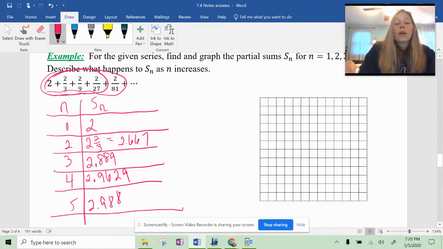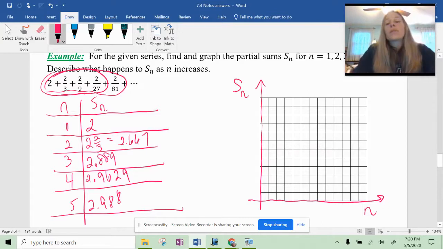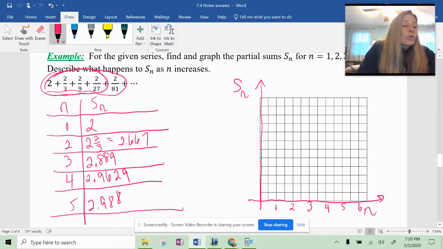When we go over here to plot this, everything's positive, so I only need the first quadrant. The x-axis is for my n, and the y-axis is for my sums. Let's label this first. Since we're starting at 2, that was the lowest number, I can do one of those things where you skip a little bit.